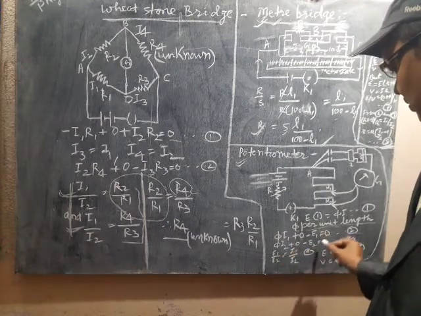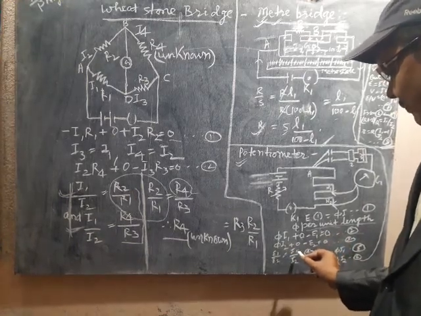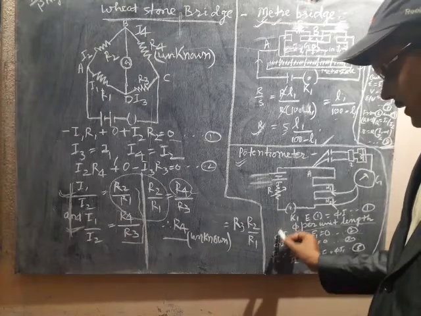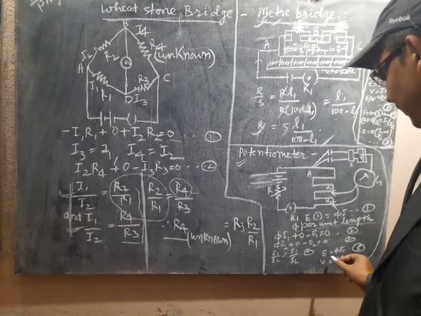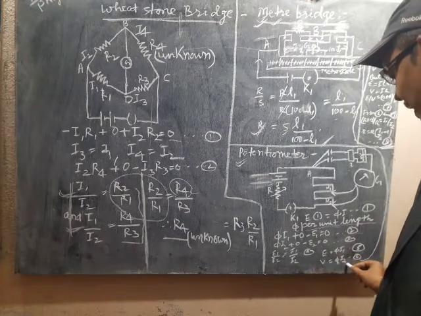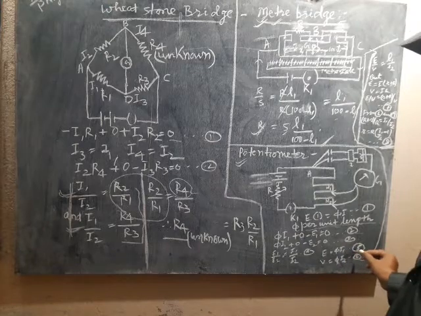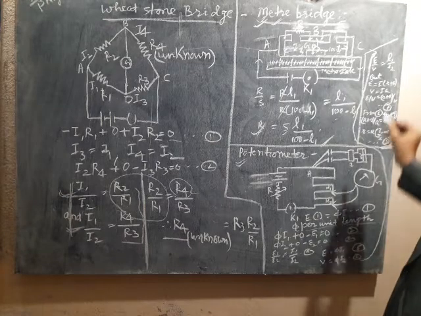Now from these two equations, 2 and 3, E1 by E2 will be I1 by I2, 5 cancel. E is equal to 5I1, that is 5. V is equal to 5I2, that is 6.